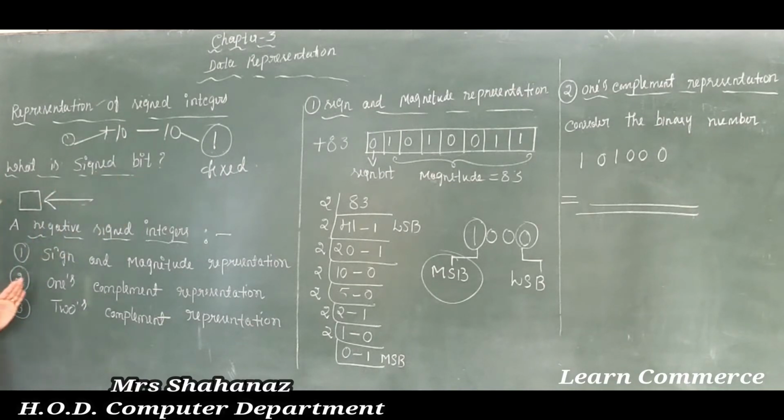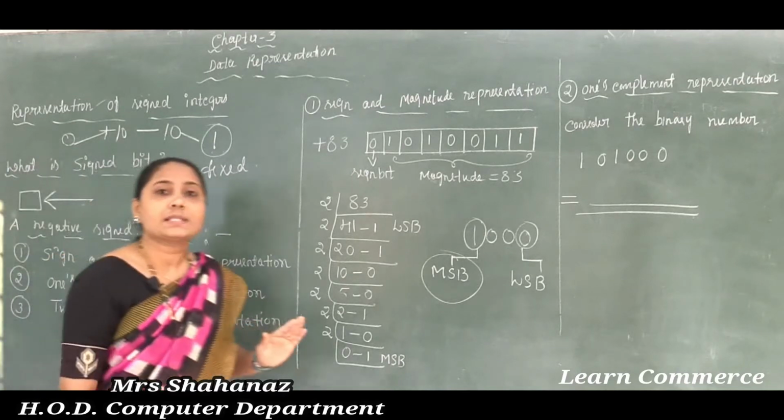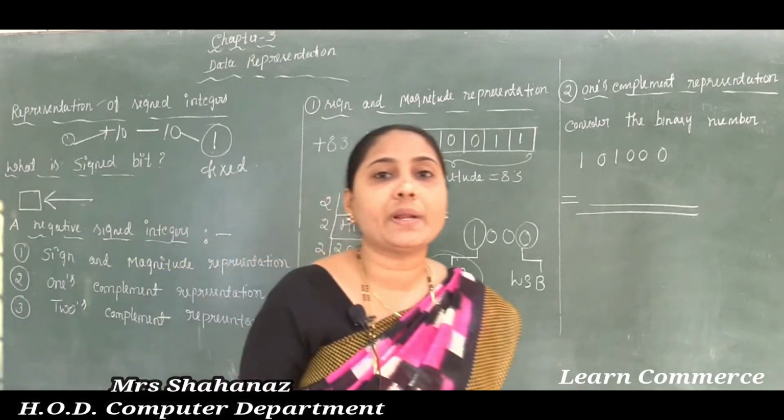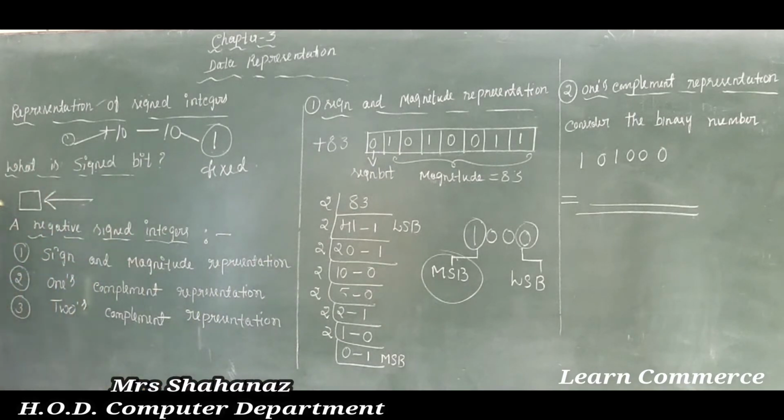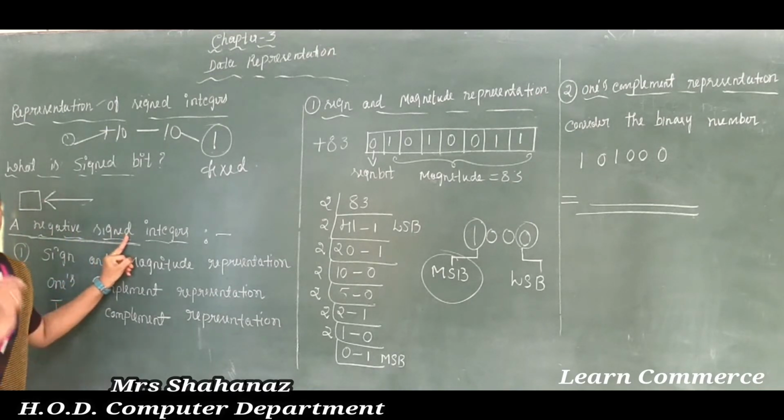The next concept: a negative signed integer can be represented in one of the following ways. You have to remember this concept that I want to use here. The negative signed integer or the signed representation can be represented in one of the following ways.